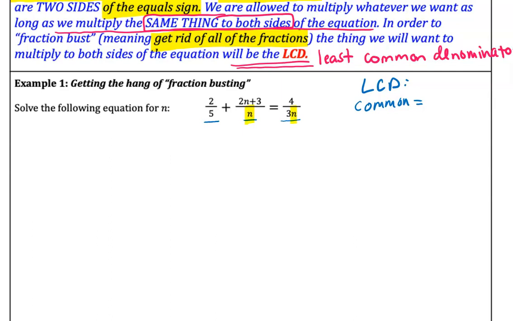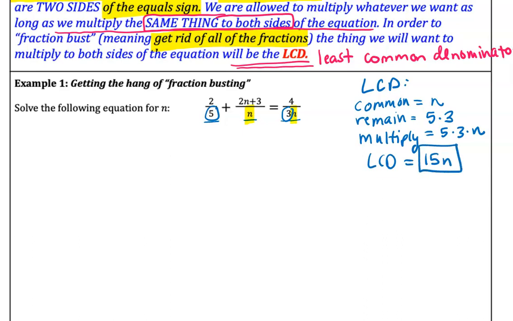I have an n in common between two of my denominators. And then we also want to consider whatever factors are remaining, which would be 5 and 3. And then we just multiply the common factor or factors to the remaining ones. So in this case, it would be a 5, a 3, and an n. So my LCD is just 15n.